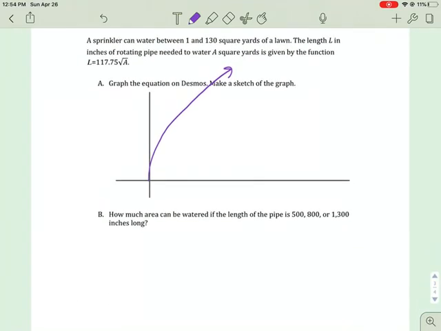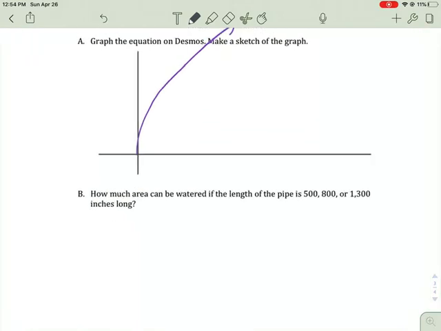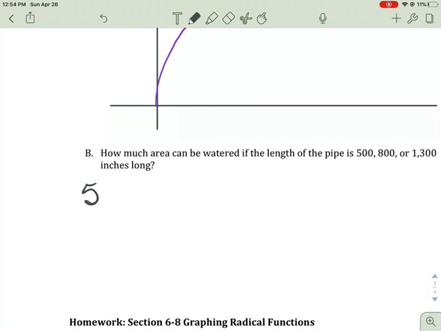All right, so how much area can be watered if the length of the pipe is 500 or 800 or 1,300 inches long? All we're going to do is solve for A in our problem. So we're going to do 3 problems here. We'll start with 500 equals 117.75 square root of A. We're going to solve for A by dividing 500 by 117.75.